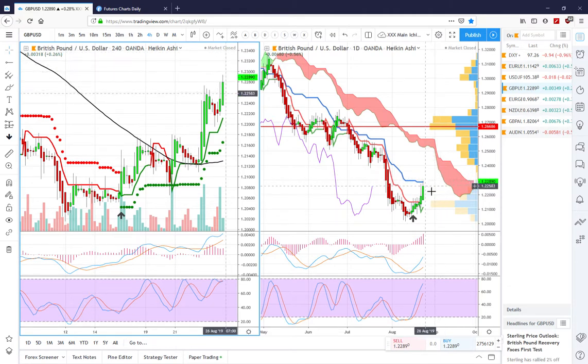Because it's still below the Kijun, and so the momentum's ultimately still to the downside on the daily, but you've got a retracement, so you've got a bullish retracement.